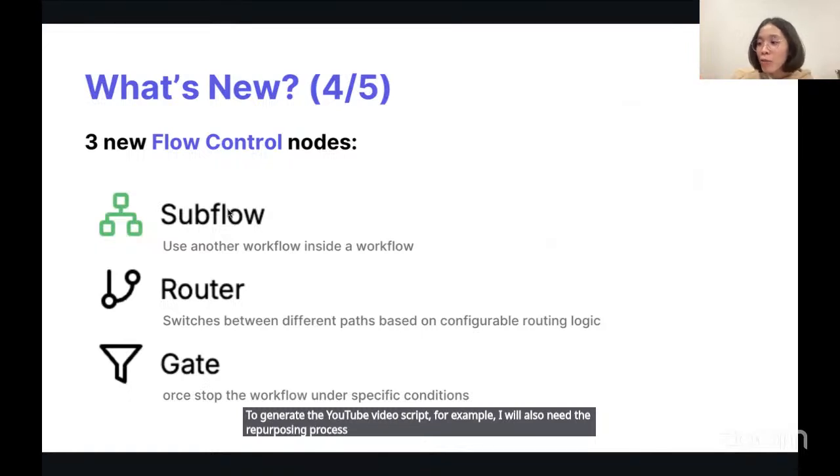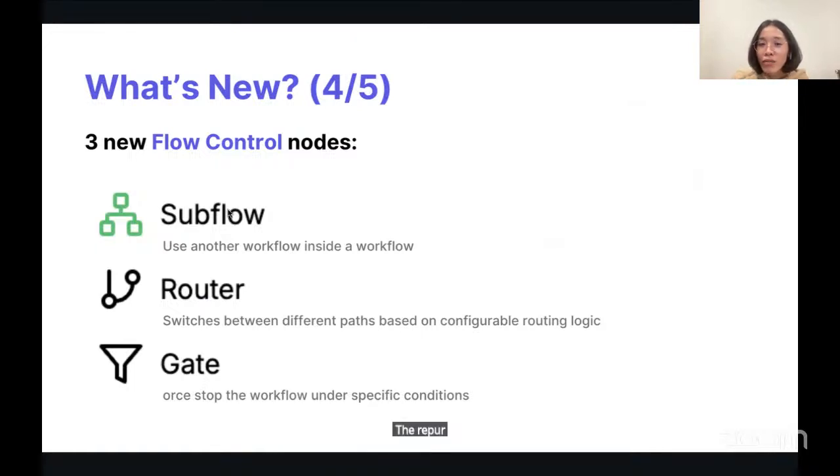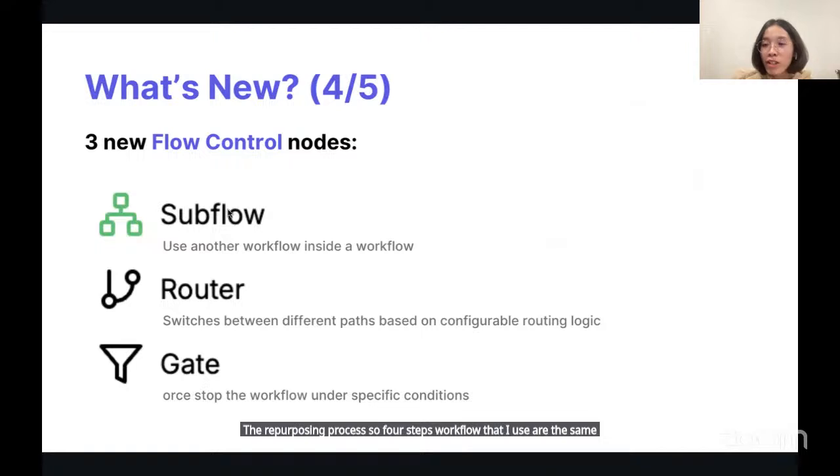And then maybe I will have another workflow to convert a webinar recording like this into different formats to post on different channels too. I will also need the repurposing process in this case. So the repurposing process, the 4-step workflow that I use, is the same across these 4 different workflows.